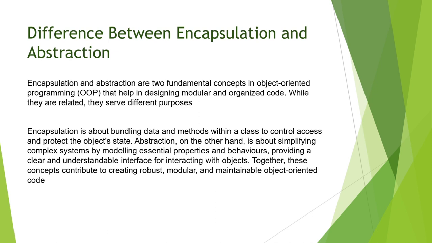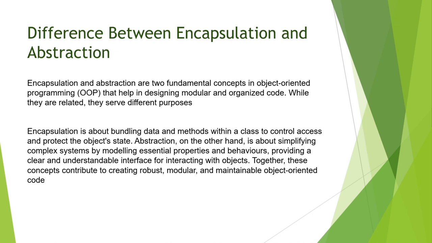Okay. Now what is abstraction? Abstraction is about hiding the complexity of a system by only providing the user and client a simple, understandable interface for interacting with the object. So for example, if you are going to a restaurant and you order some food, you do not have to worry about how the food is prepared. You have just ordered, right?